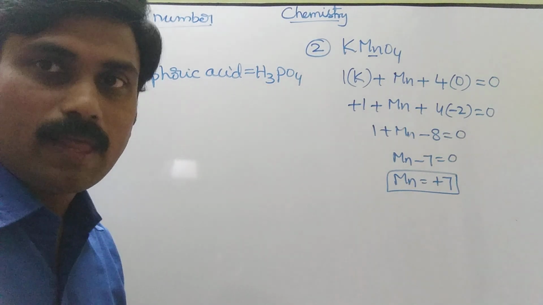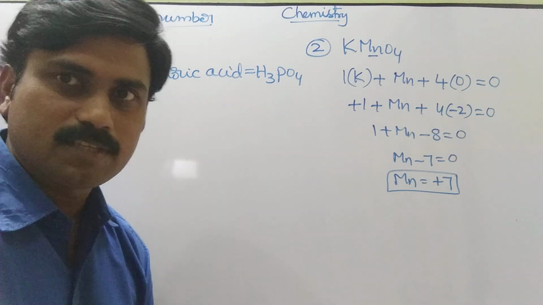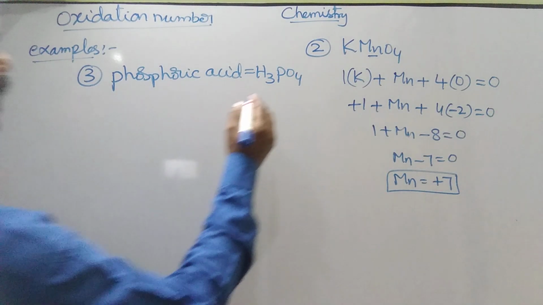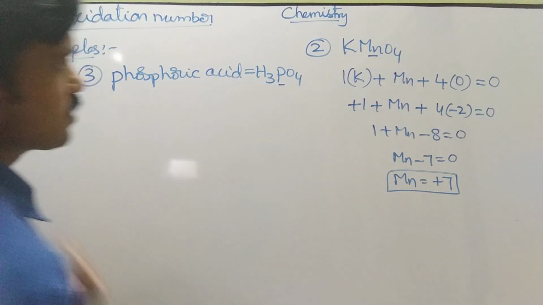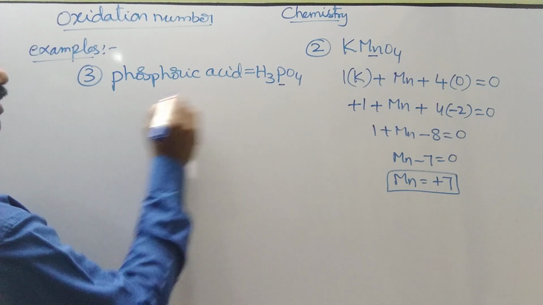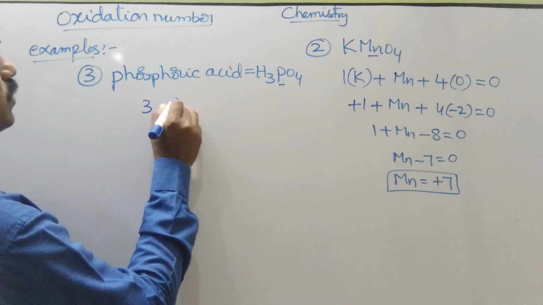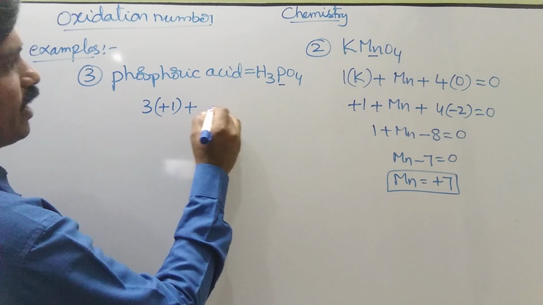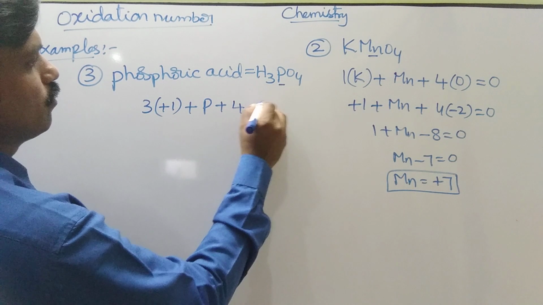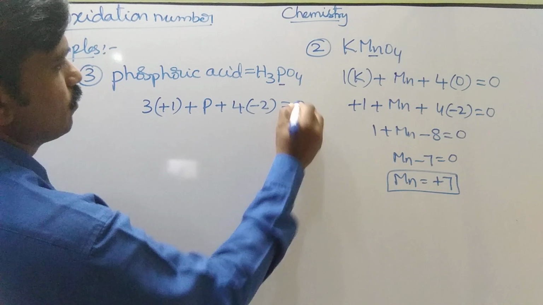Phosphoric acid has another name also; we can call it orthophosphoric acid. In phosphoric acid, we have to calculate the oxidation state of phosphorus. How many hydrogens are there? Directly 3 atoms of hydrogen. 3 into +1 plus 1 atom of phosphorus plus 4 atoms of oxygen, 4 into -2, is equal to 0.